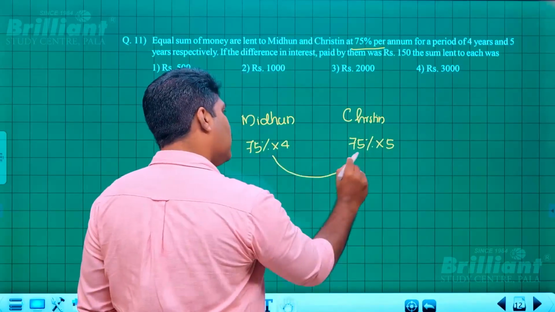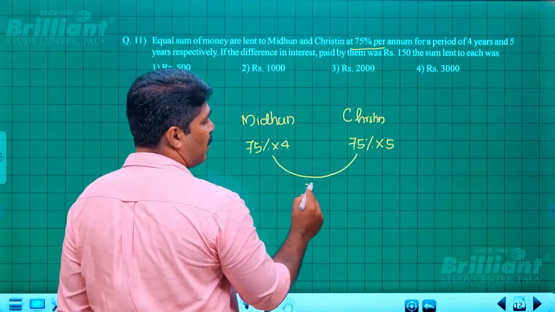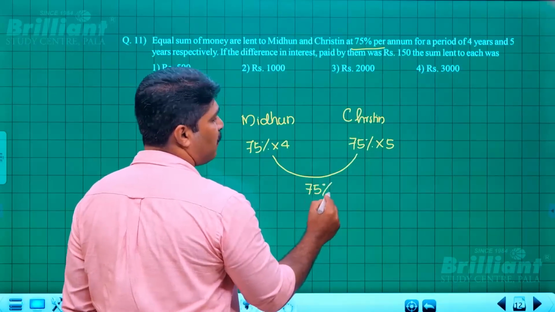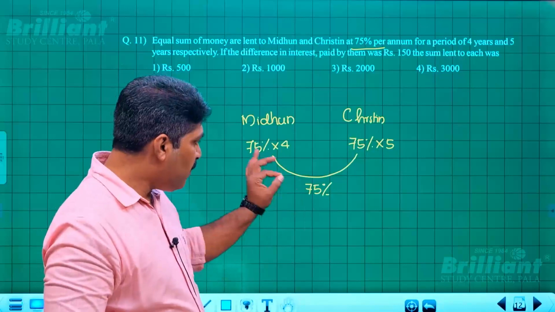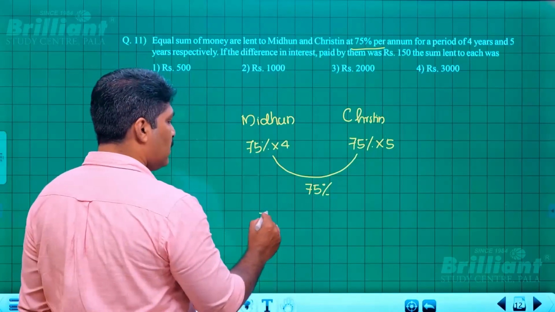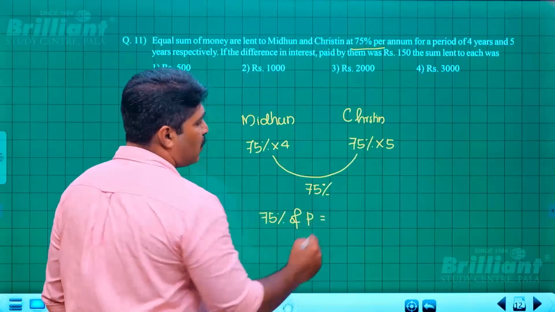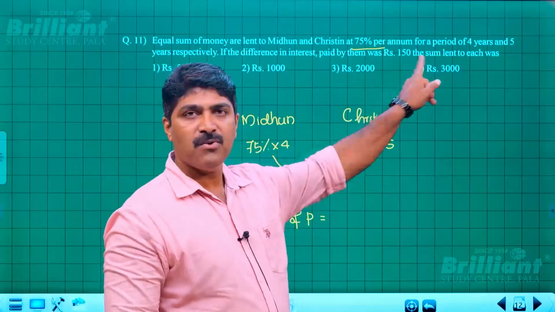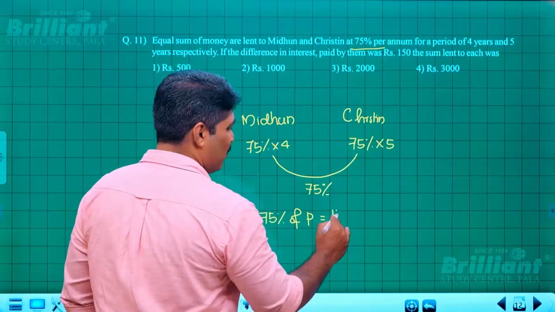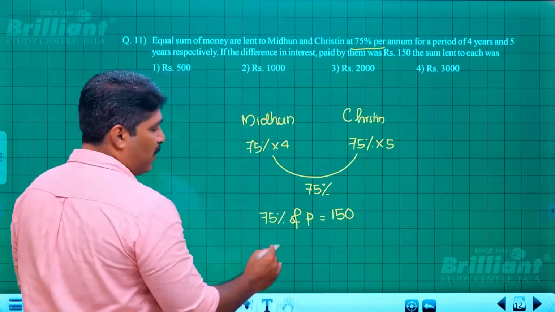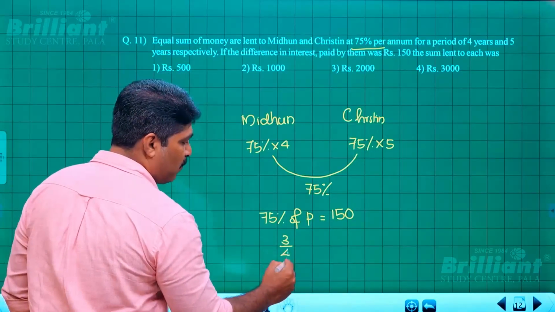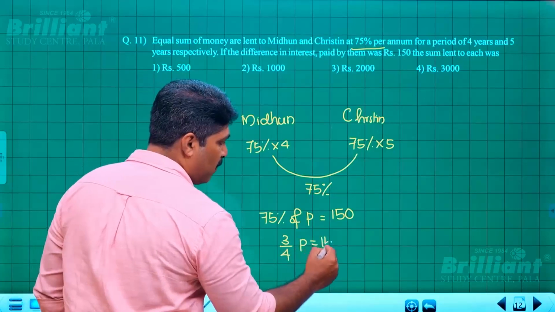So what is the difference in their interest? That is simply 75%, which means 75% of the principal. It is given that the difference is rupees 150. Think about 75% meaning 3/4. 3/4 of the principal is 150.